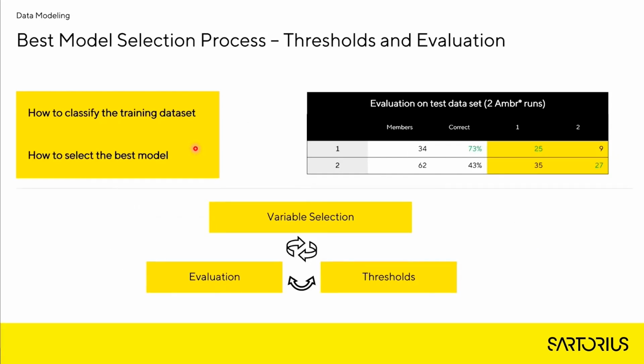But then there's also a process of best model selection: what kind of thresholds you are applying, how to evaluate to come up with the best possible solution. So how to classify the training data set is very important, and how to select the best model, as I mentioned.